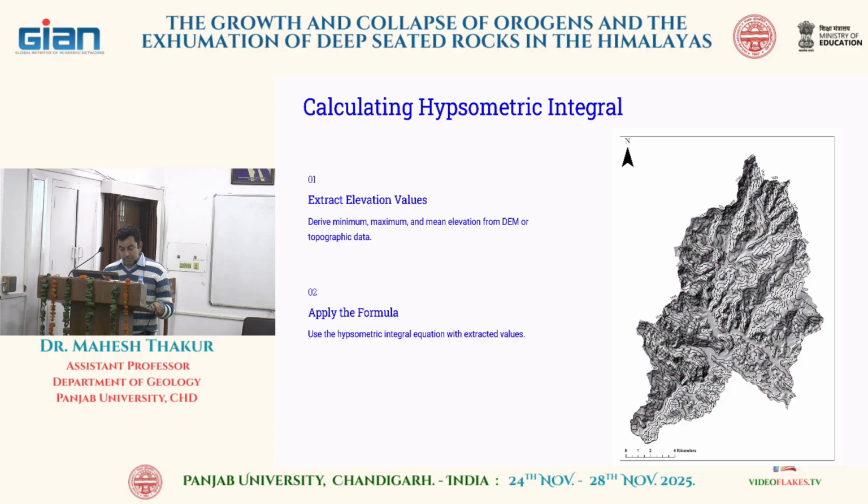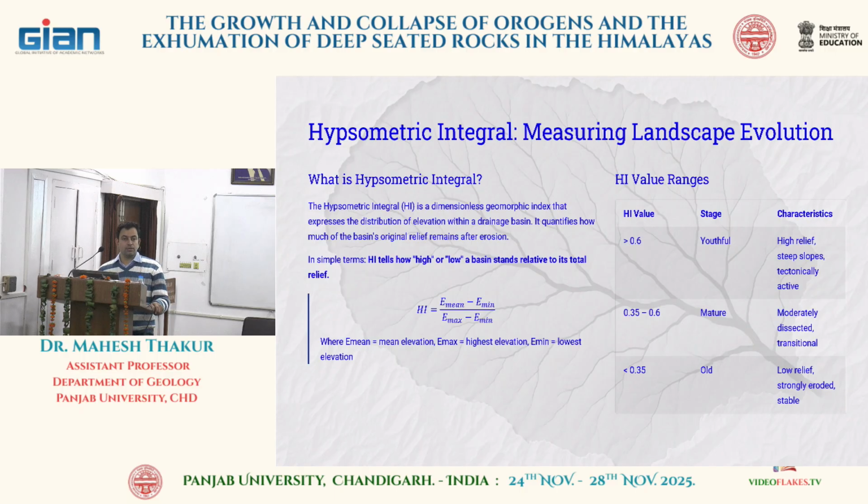Apply the formula. Use the hypsometric integral equation with extracted values. So now you can do the calculation in the given sheet, and the formula you need to use is this one. This is your hypsometric integral HI.